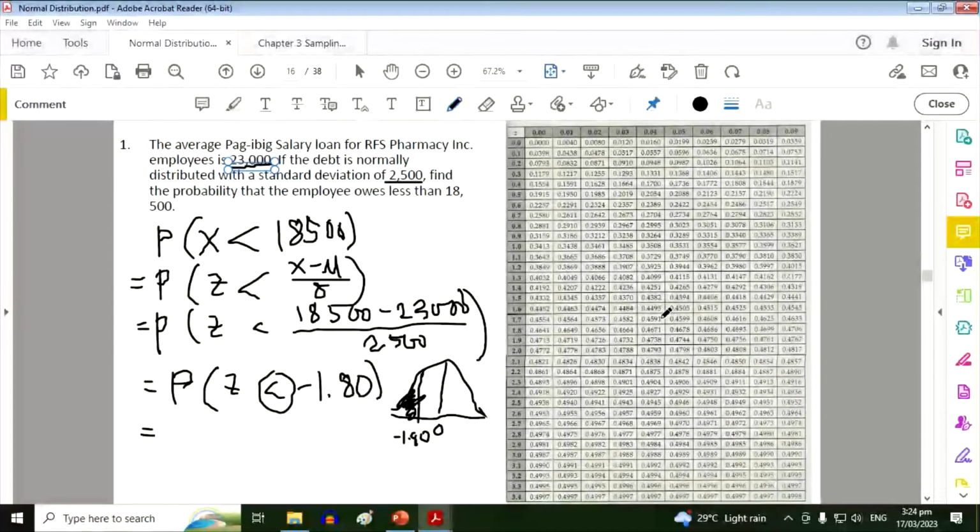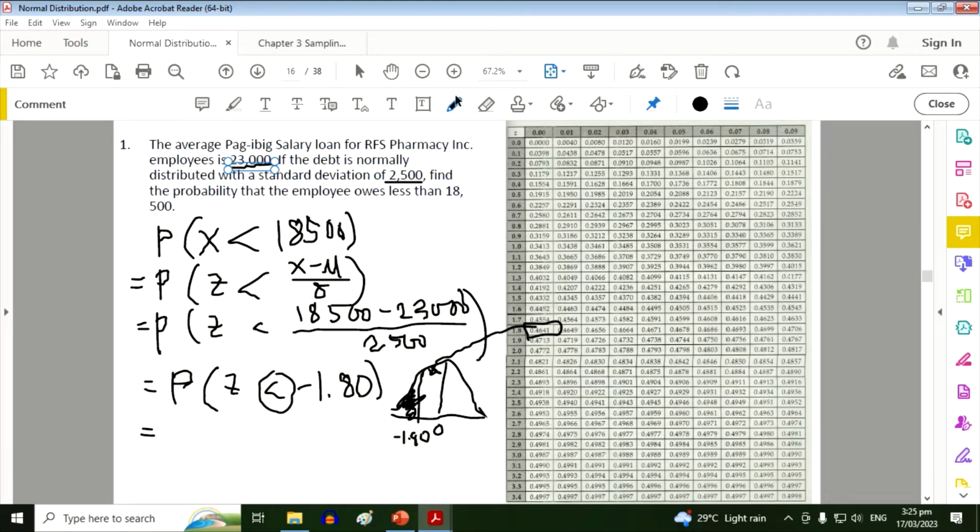So let's find the negative 1.8 on the table. Since this is symmetric, we can just look at 1.8. So 1.80, we have 4641. But since this area is from the center, it means that this 0.4641 is the area on the unshaded part.